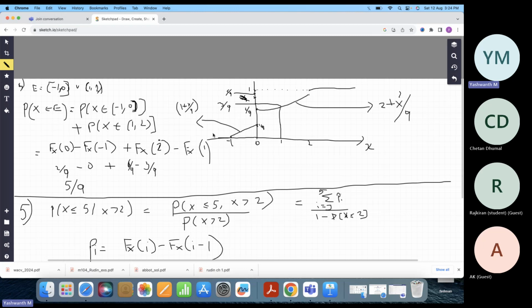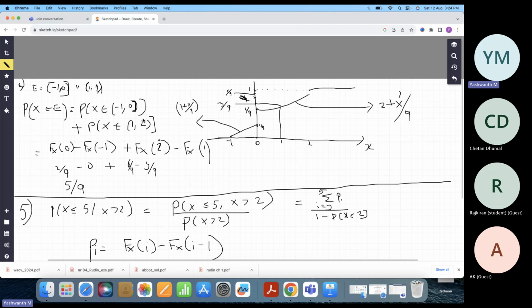The reason is that in this interval you are not including 2, so it is like 2 minus. 2 minus represents any number smaller than 2. It approaches 2 but never hits 2. So 1.9999999, however many nines you write, it can take but not 2. So that's what I meant by 2 minus here.